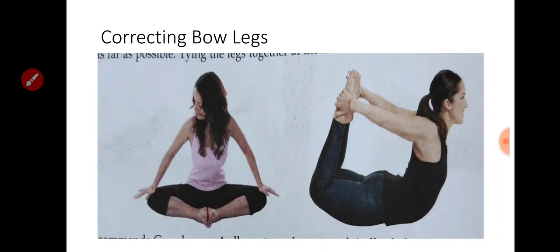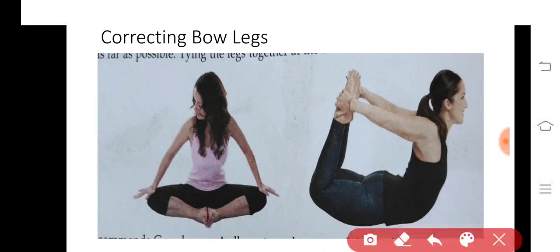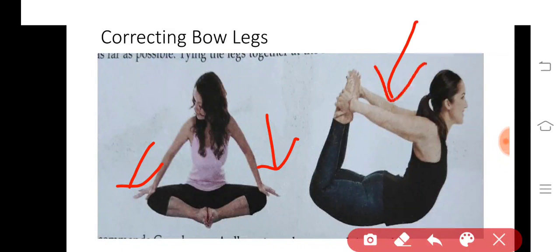To rectify the bow leg, we should sit in this posture and press both our legs. Also, this asana is very beneficial to correct the bow leg.